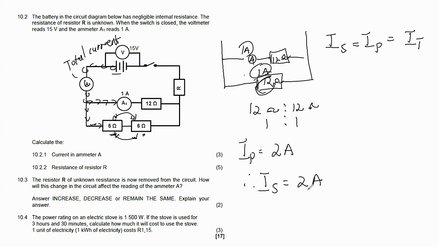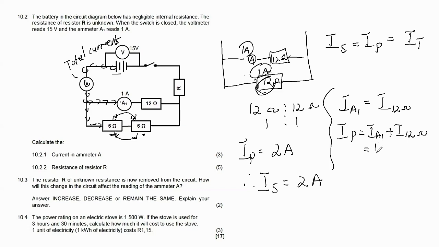So that's how you were supposed to go about answering that question. So number 1, you say the current in A1. This is how you'd solve that. The current in A1 is equal to the current in this combined 12 ohm resistor, which is equal to the I parallel. So that means the I parallel is equal to the current in A1 plus the current in that 12 ohm resistor here.